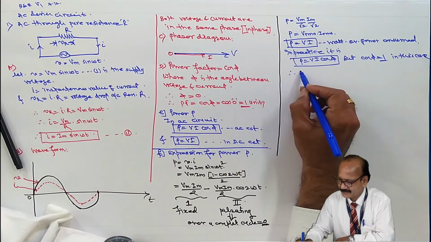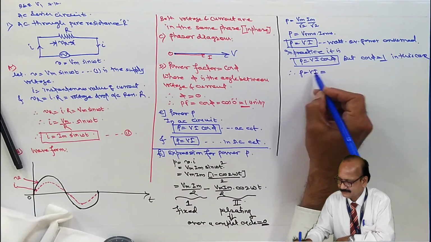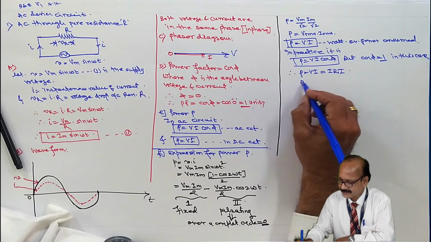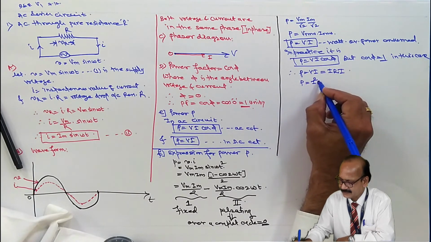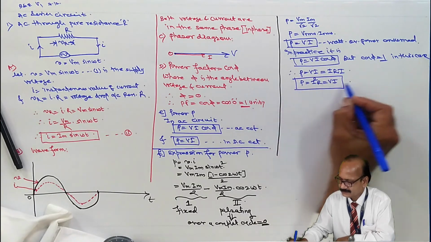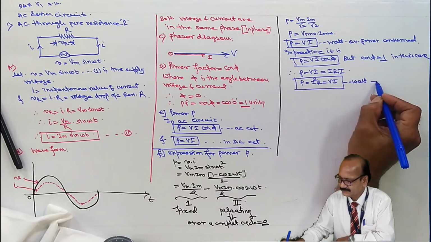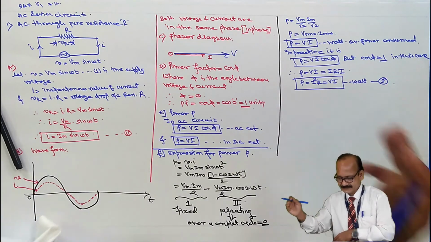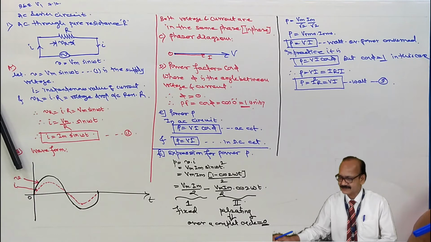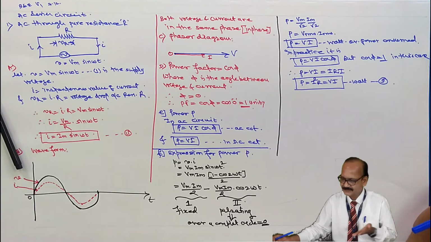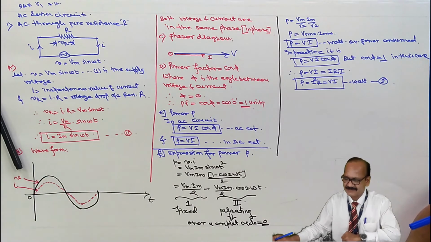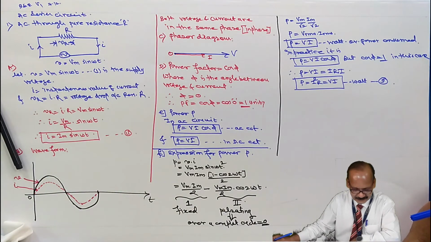And therefore P equal to V I, and V is nothing but I R, so I R into I. So P equal to I squared R equal to V I. This is equation 3. So this is the expression for power. P equal to V I equal to I squared R. So the power consumed is I squared R, or you can say V I. But for an AC circuit, power is always V I cos phi.